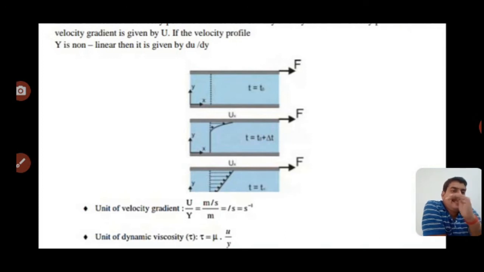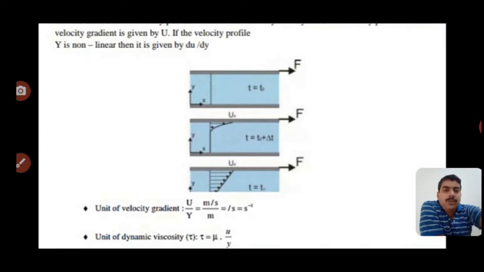Up to delta t time the velocity profile is drawn. When the time interval goes to the initial time, the velocity profile goes to a linear variation, a straight line. We see in the picture, this is the straight line.